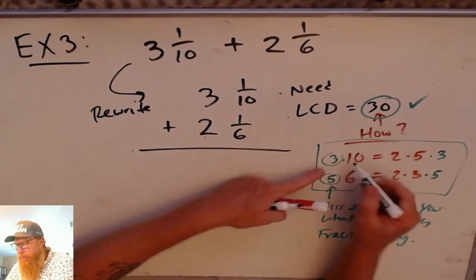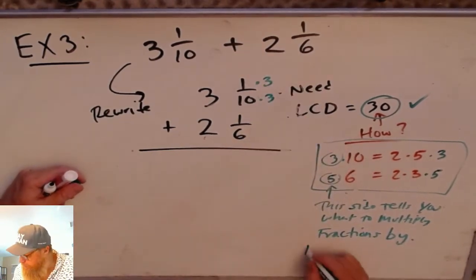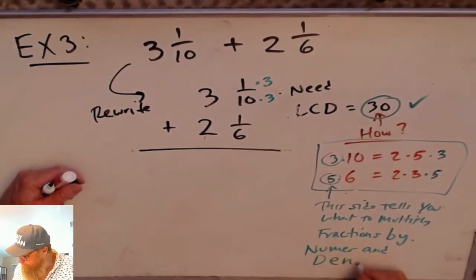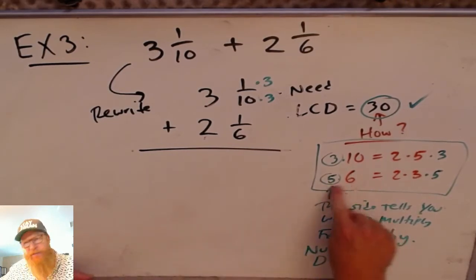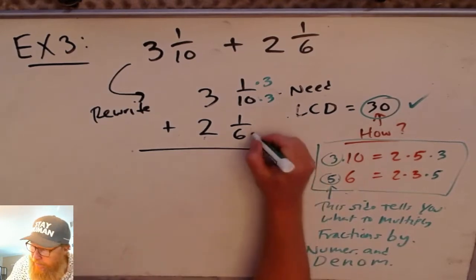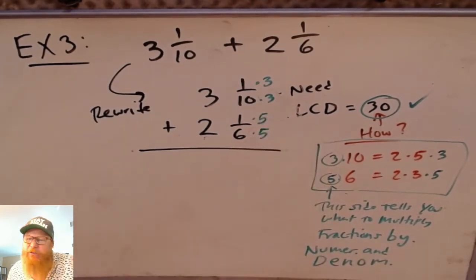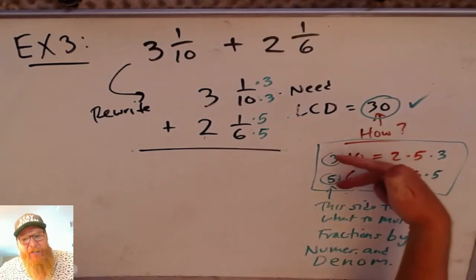So it says, I'm going to multiply the 10 by 3, numerator and denominator. Make sure you do both. And then the 6, it looks like I multiplied it by 5, so we multiply by 5.